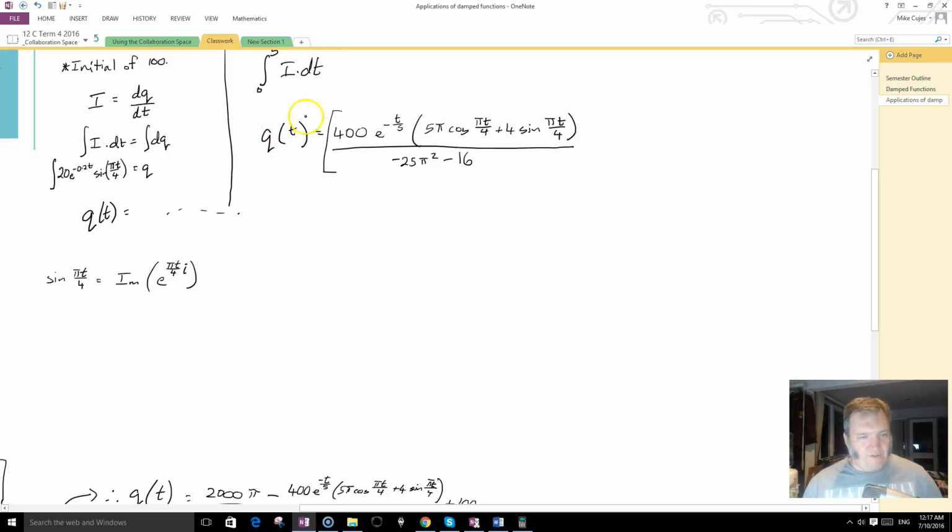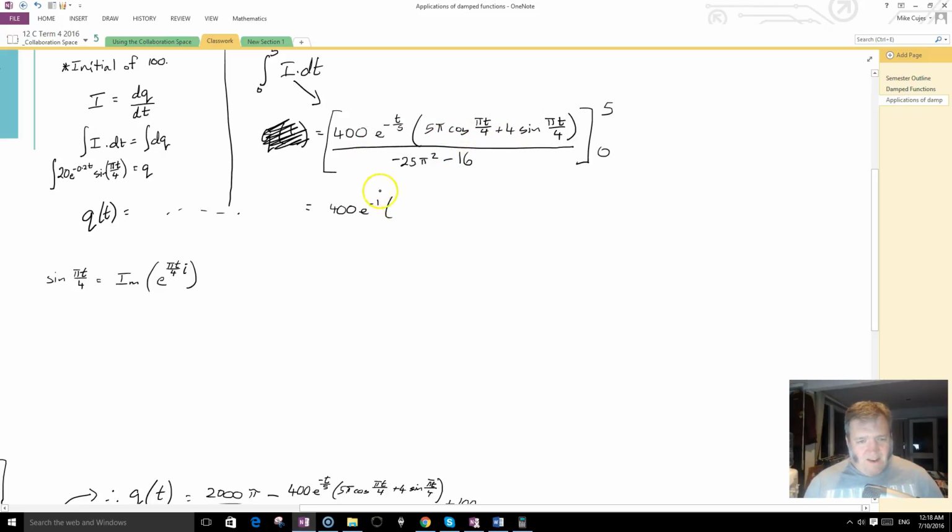Of course, because I chose to snip that as a photo, it's not going to let me erase it, so we'll just cheat and do it like that. If we do this, we're going to get the same answer. Let's see, we're going to have 400 e to the negative 1. This thing we sorted out before, didn't we? What was it?